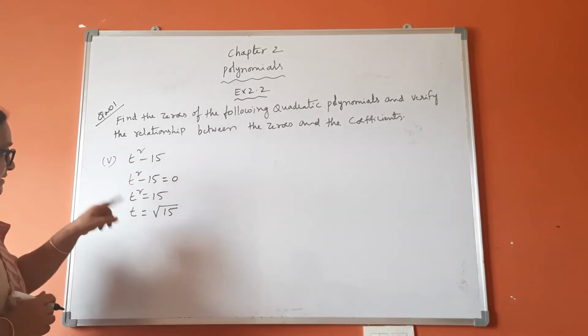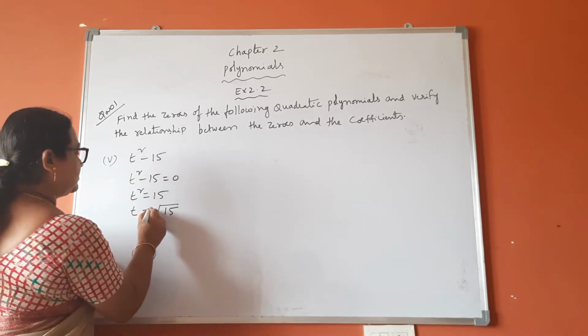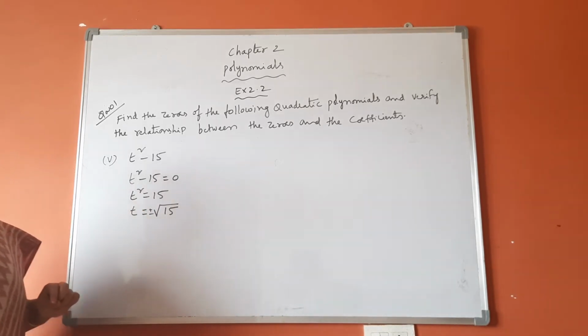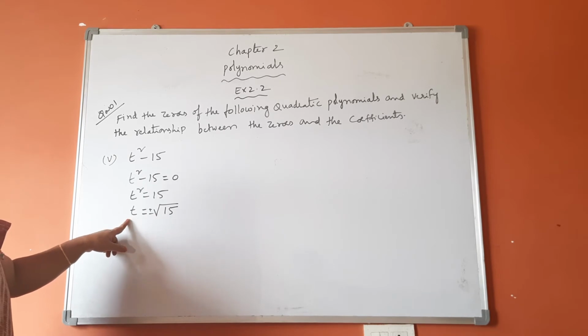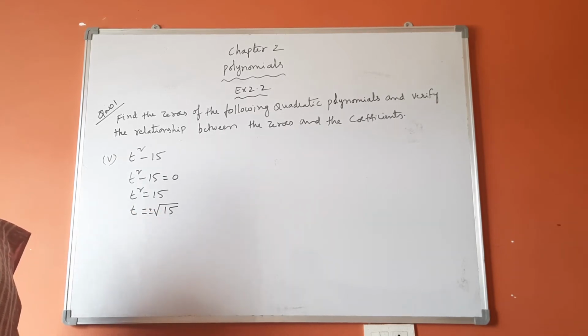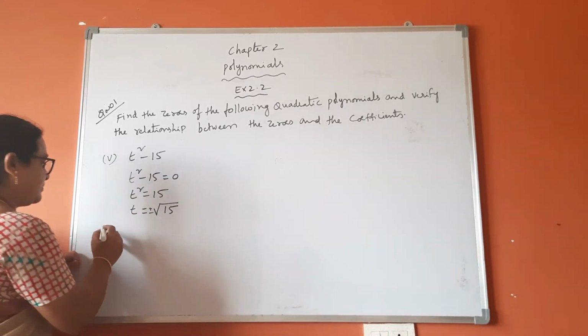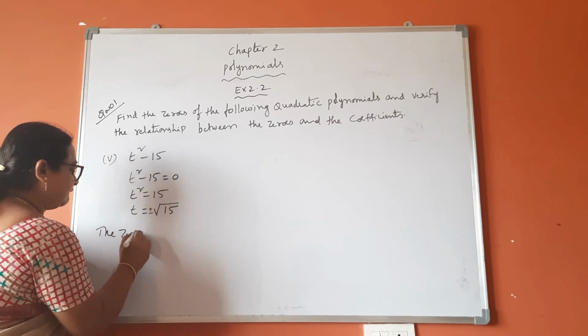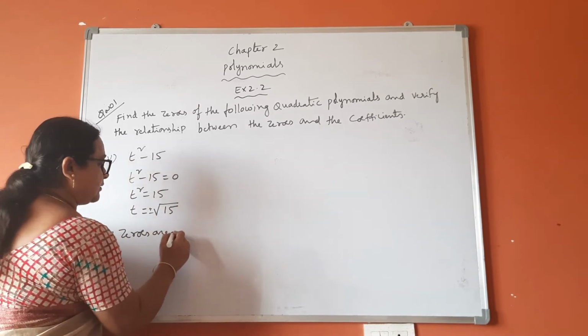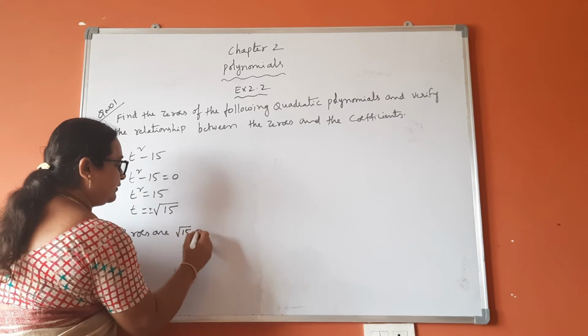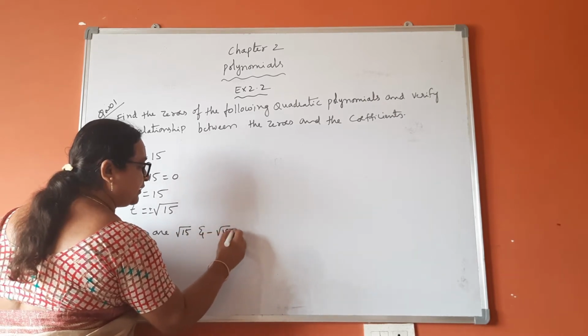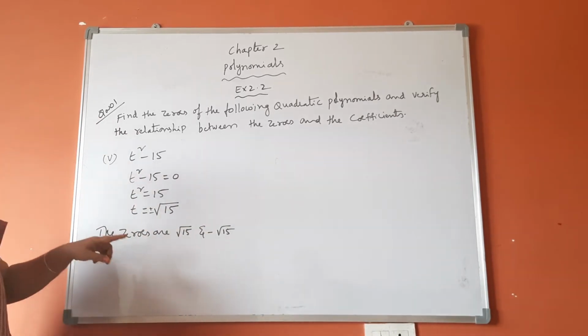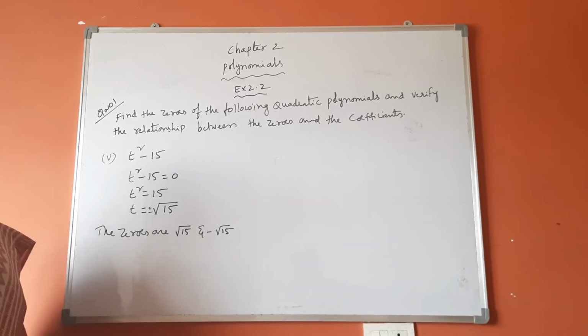Because it is square root, this will be plus or minus. So t is equal to plus or minus square root of 15. That means the two zeros are root 15 and minus root 15.